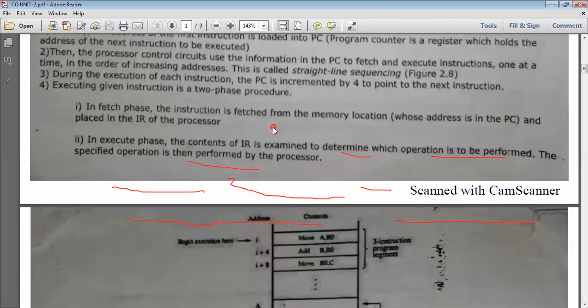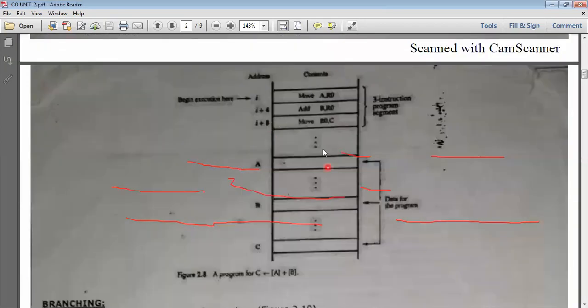So now see here, what is the sequential flow? If you observe these instructions, the first instruction location is I, the second instruction location is I plus 4, and the third instruction location is I plus 8.